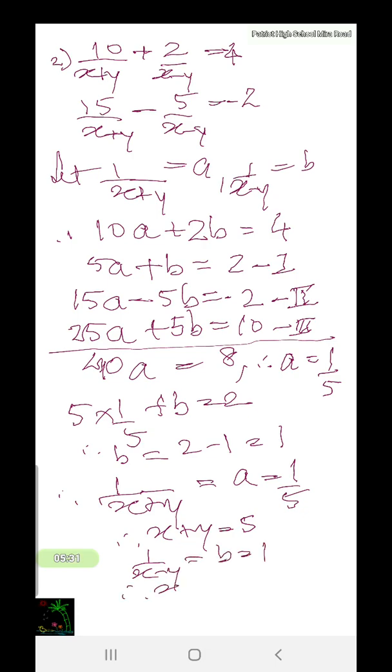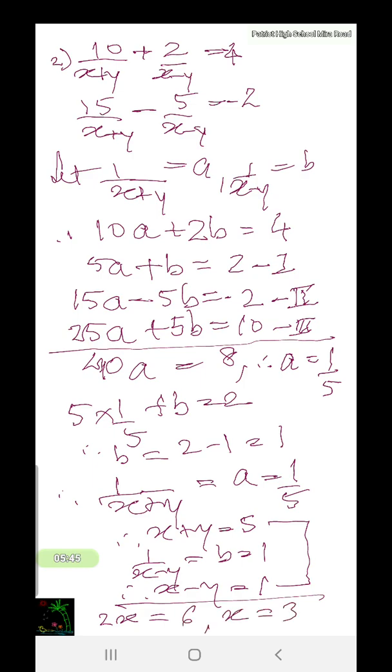Therefore x minus y is equal to 1. Adding these two equations, we have 2x is equal to 6 or x is equal to 3, and we can find the value of y, which will be y is equal to 2, because x plus y is equal to 5. Therefore if x is 3, then y is 2.